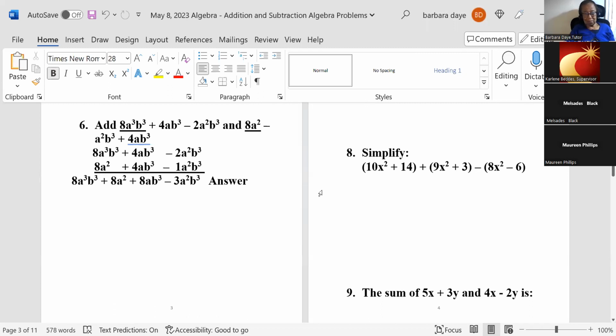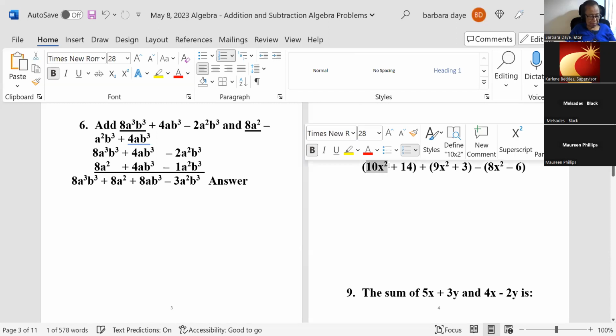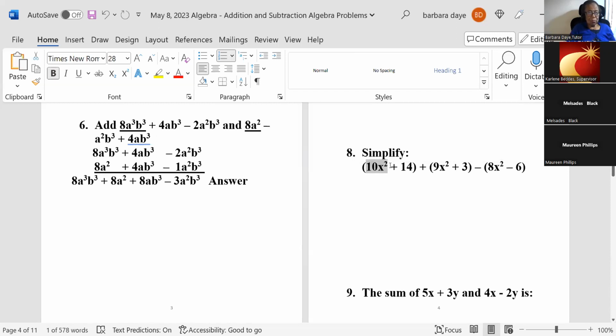Right here. What should it be, Mercedes? 11. That's right, 11x to the second. Because it's 19 minus 8. Yes, let's just put 11x to the second. That's correct. So this would be an 11 here, right?